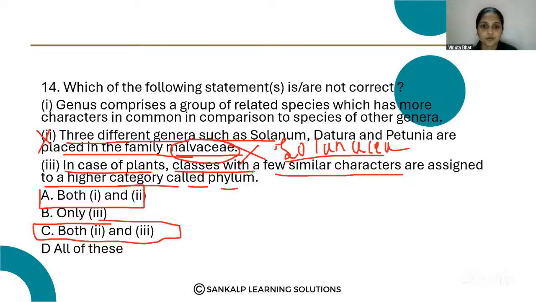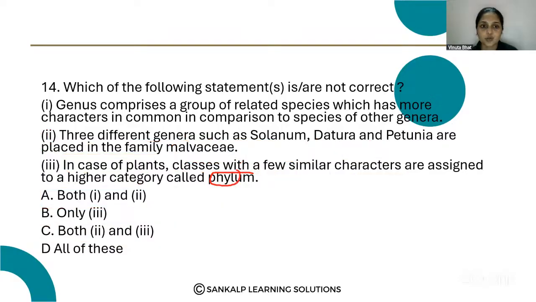Here, phylum is not used for the plants. Division is used for the plants, right? So here option C, both 2 and 3, that is wrong, because here the word phylum is used. That is the wrong statement.